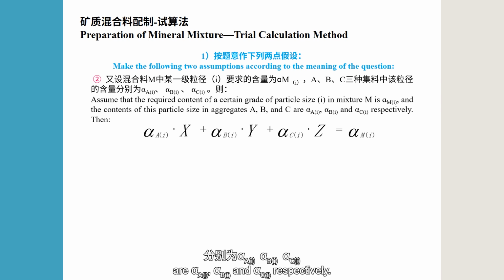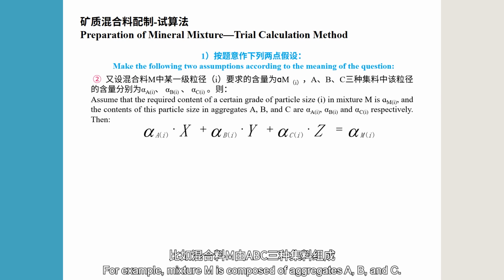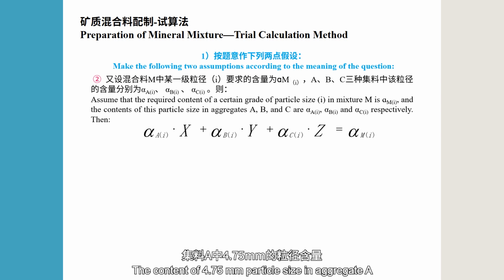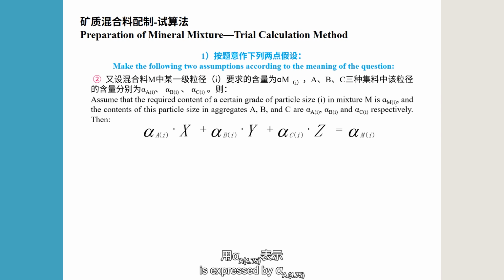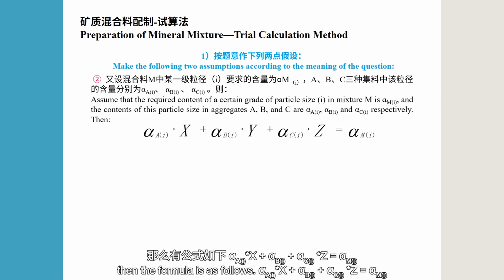For example, mixture M is composed of aggregates A, B, and C. The content of 4.75 millimeters particle size in aggregate A is expressed by alpha A 4.75 and so on. Then the formula is as follows.